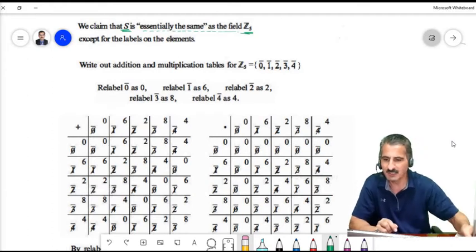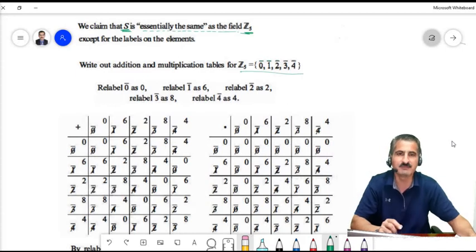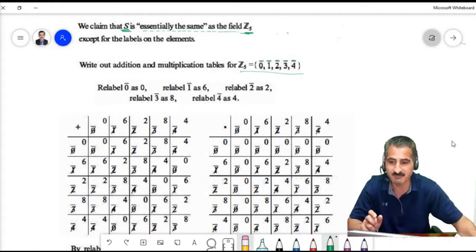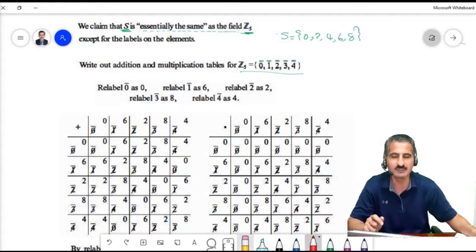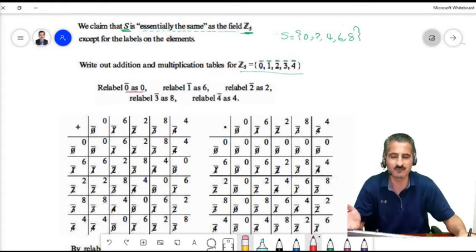Okay, how do we relabel? Let's denote the elements of Z5 with a bar to denote them as equivalence classes, or to distinguish them from the elements of S. Remember the elements of S up there were 0, 2, 4, 6, and 8. Now we want to do the renaming. We will rename the 0 as 0 bar.